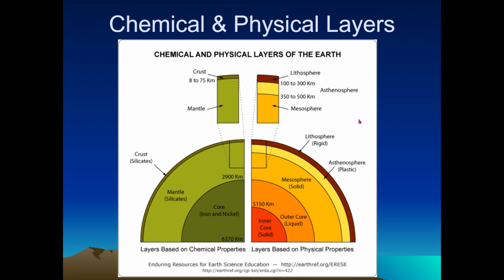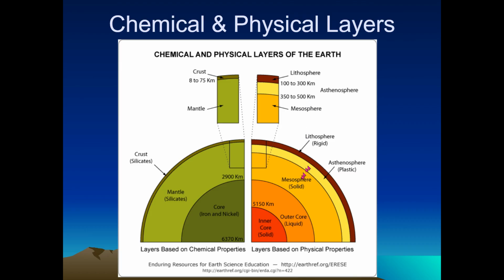Okay, so let's start with this is just a good overview. So you can see on this side, we have three chemical layers, the very thin crust here, and then the very thick mantle and the core. And you can already see what the composition is like for each of these, but the reason why we define these as three distinct layers chemically is because they're made up of different chemical compounds or elements, as it may be.